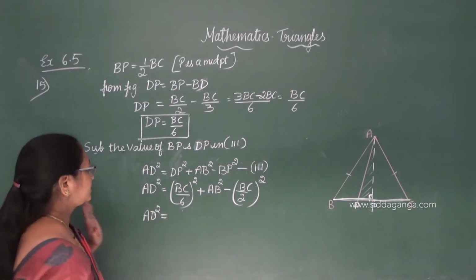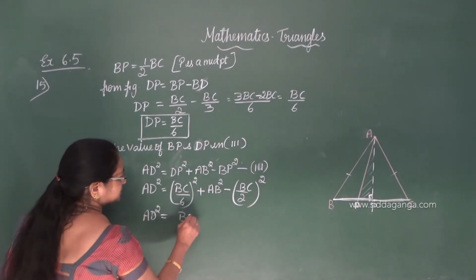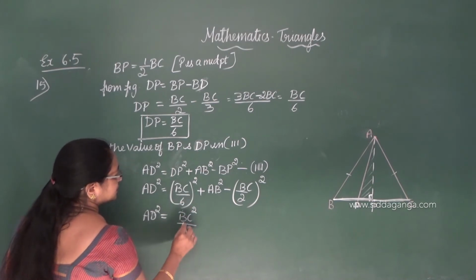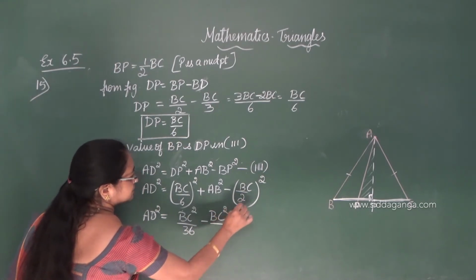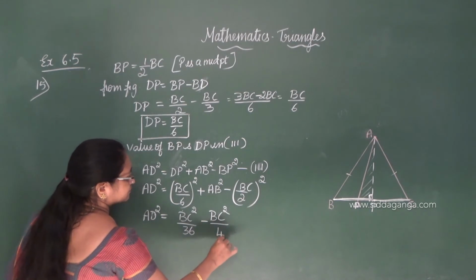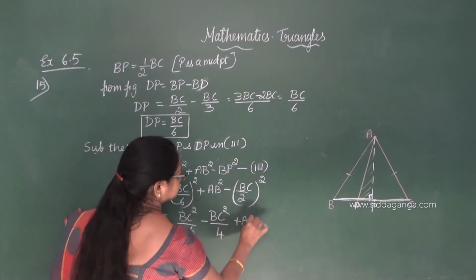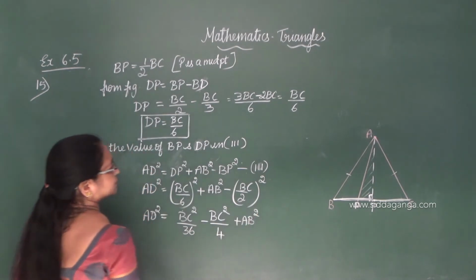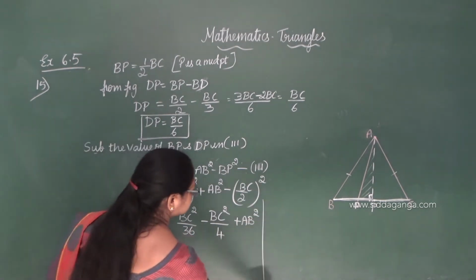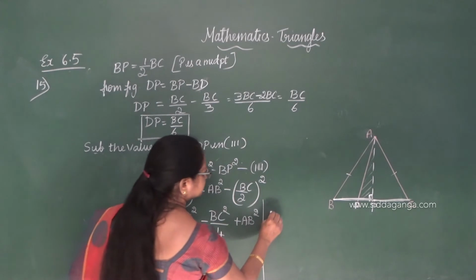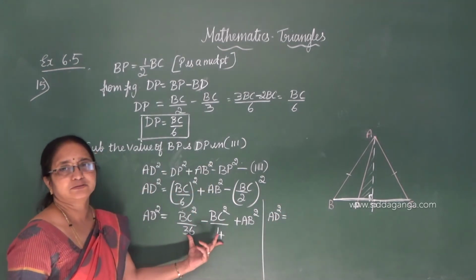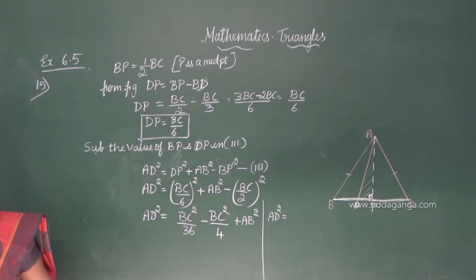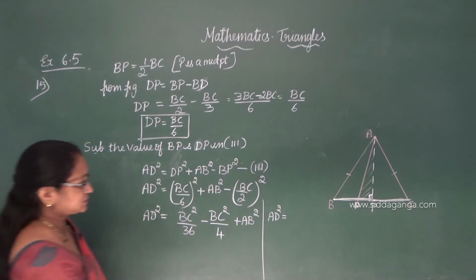See, now BC square by 6, 6 6s are 36, and here BC square by 2, 2 2s are 4 plus AB square. Now let me write here. Now AD square is equal to, here what is the LCM here? 36 and 4. 36 is the LCM here.